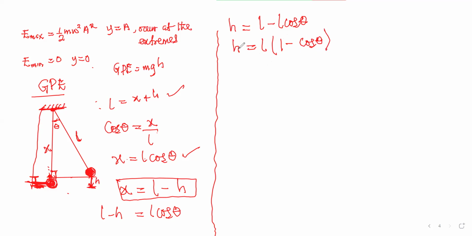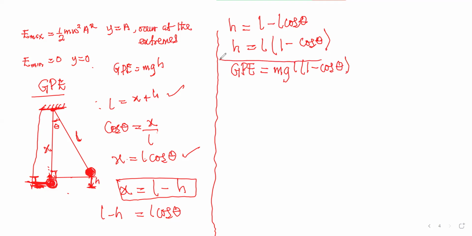Once we have an expression for that small vertical height in terms of the length of the string and the angle of tilt theta, we can now calculate the gravitational potential energy. So gravitational potential energy, which is the work done in moving it within the gravitational field of the Earth, will be equal to mgh, and h now is L times 1 minus cos theta.